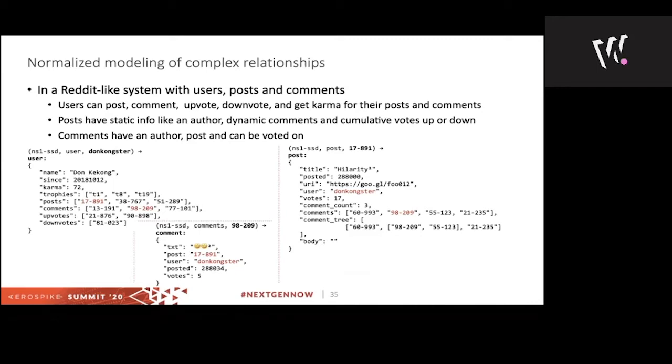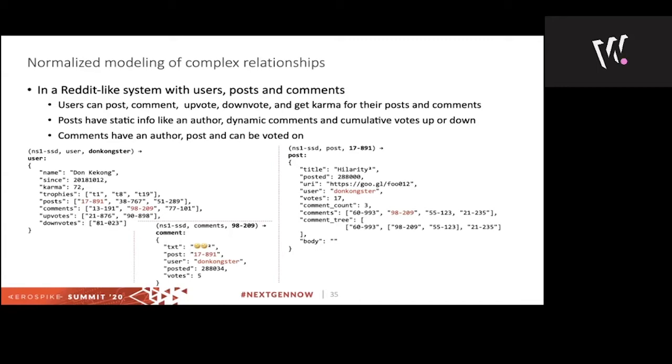And posts have things like static information like the author, but they also have dynamic data like the comments and cumulative votes up or down. Comments also will have an author, and they'll have a post that they're associated with, and you could vote on them. So again, if you have looked at cat photos on Reddit, this would seem fairly familiar.